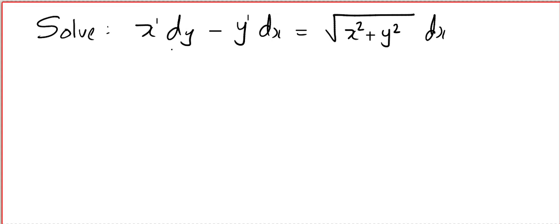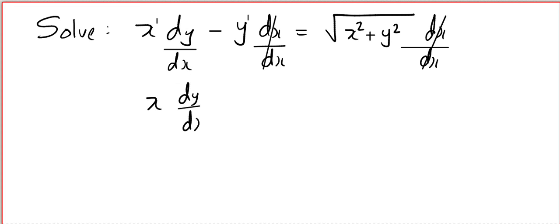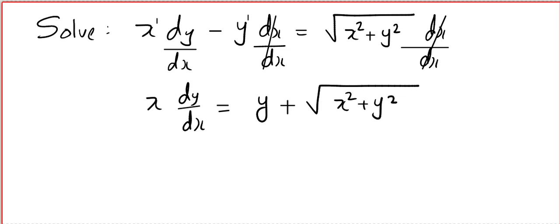But this is not in the standard form, so I'm planning to divide throughout by dx. Once I do that, I can see that I get something like x into dy by dx is equal to y plus root under x square plus y square.